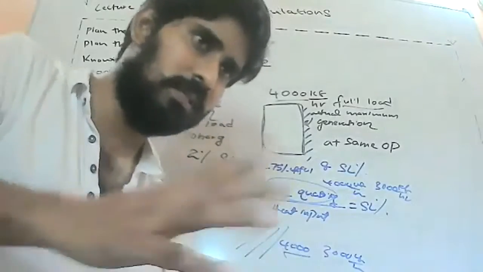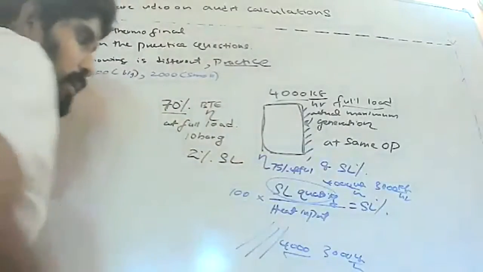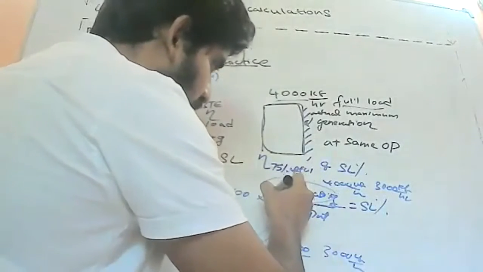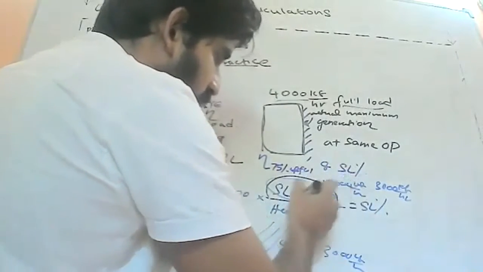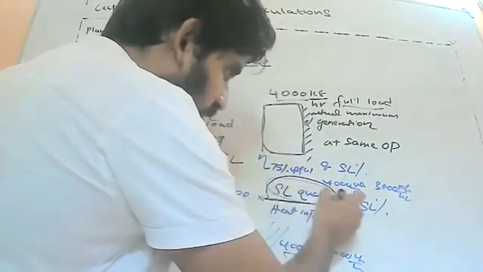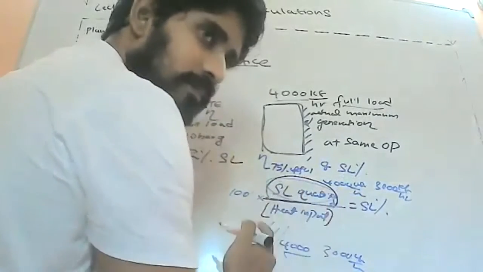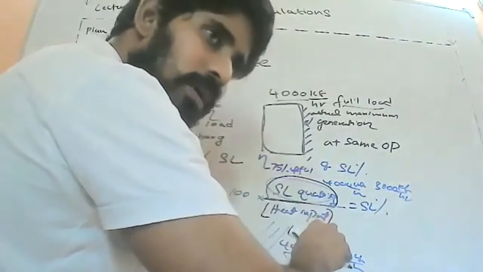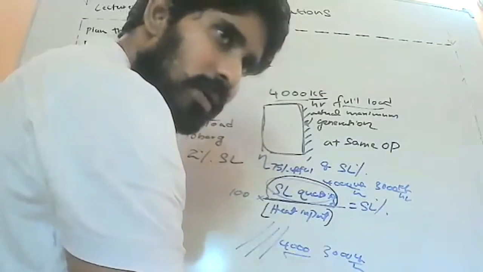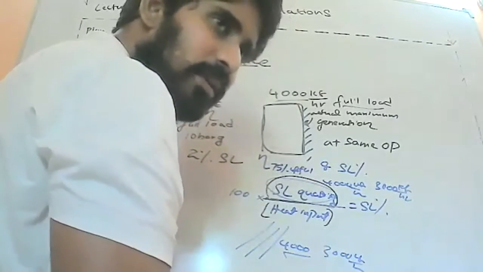Now just focus. The upstairs, that is the numerator, is the same, and the downstairs, which is the denominator, is going to reduce, because the lesser the load, the lesser input energy we need to give.